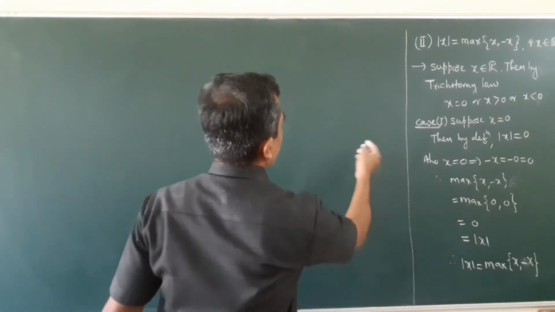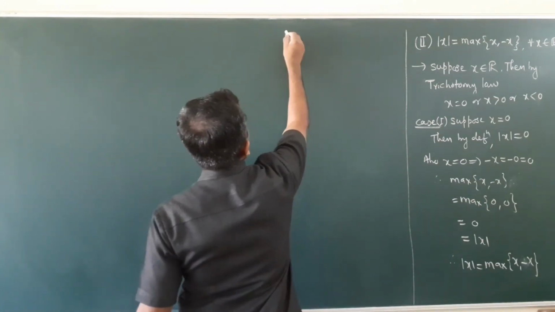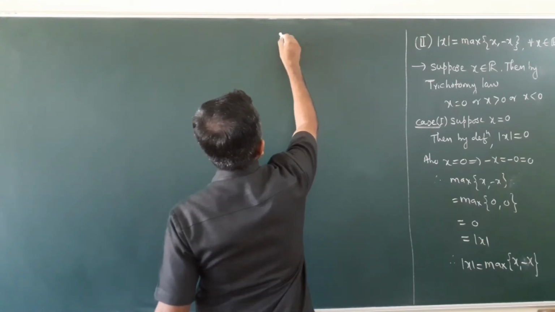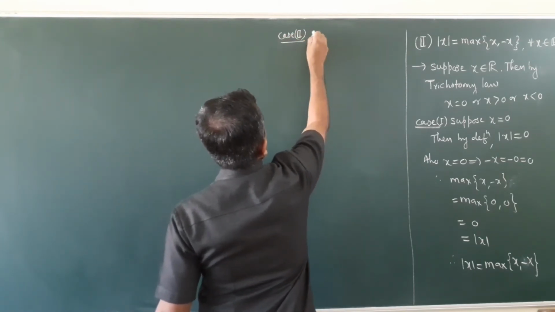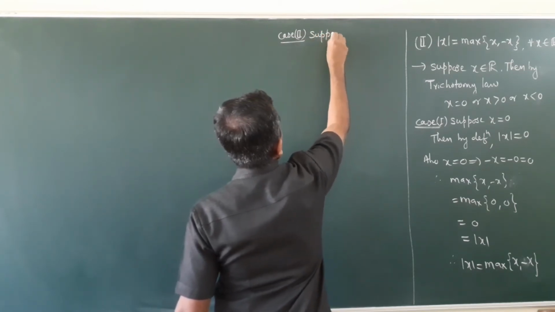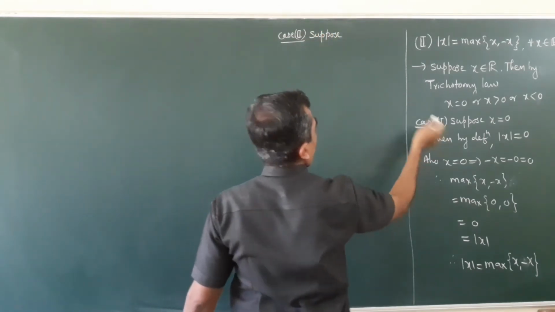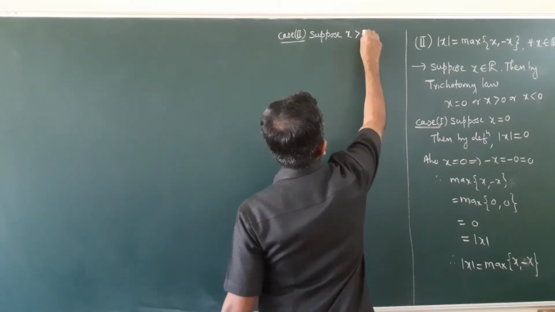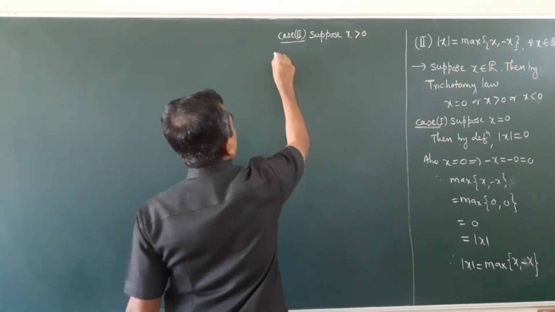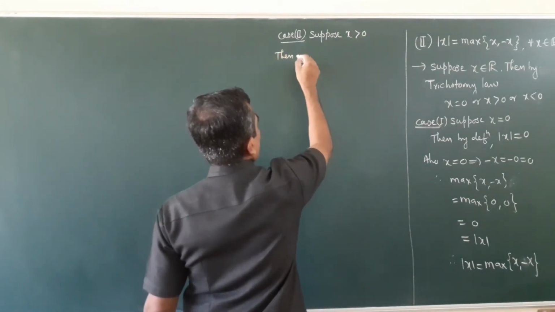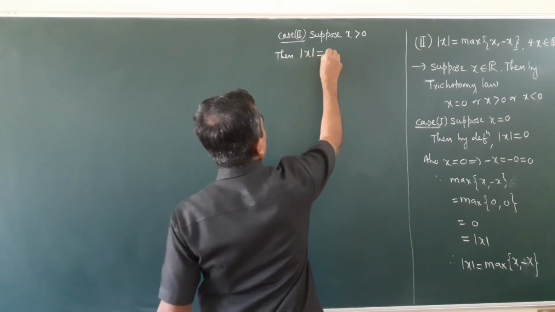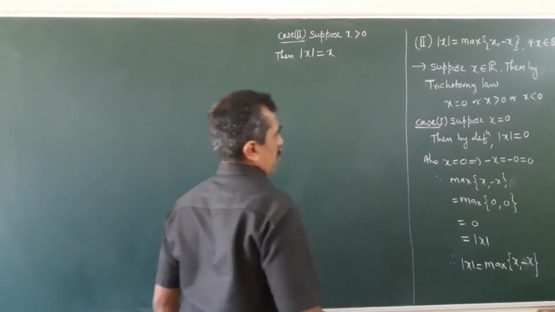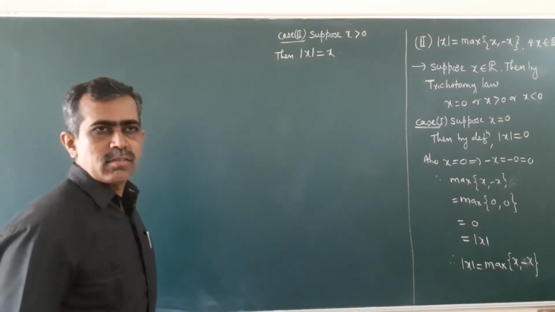Now come to case 2. Suppose x greater than 0. Then mod x is equal to x.